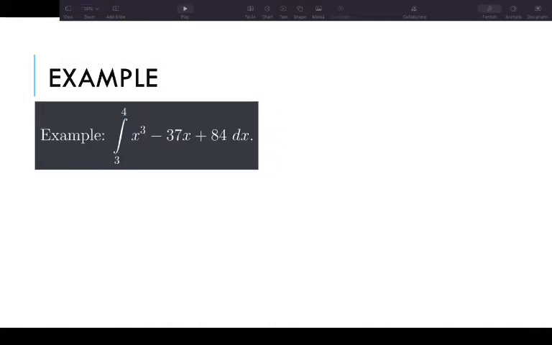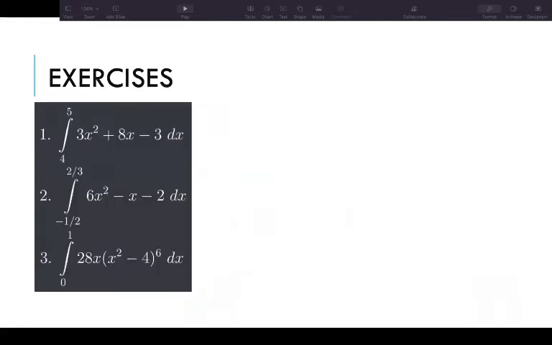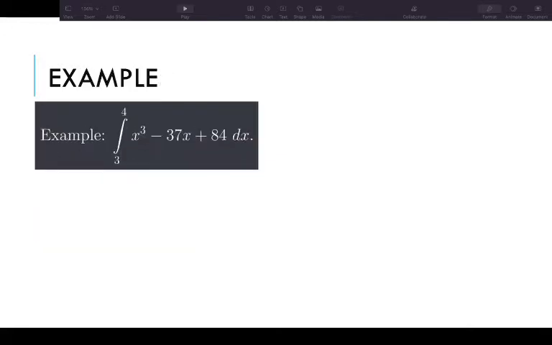Now for the second problem. So we have this integral. We have x to the fourth power over 4 minus 37x squared over 2 plus 84x.